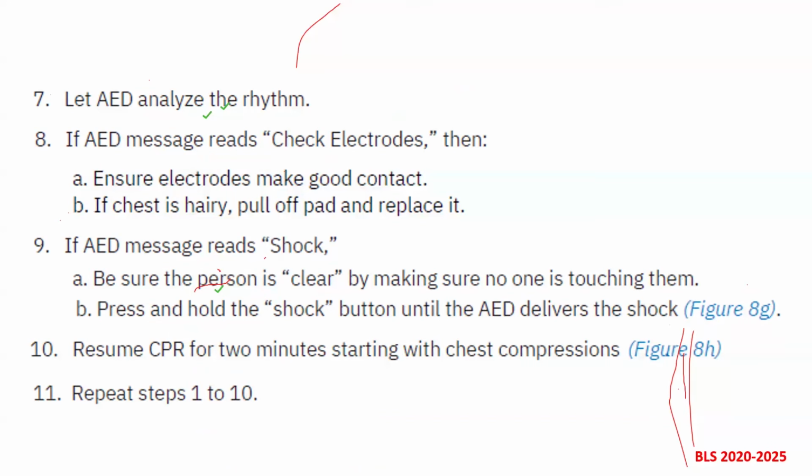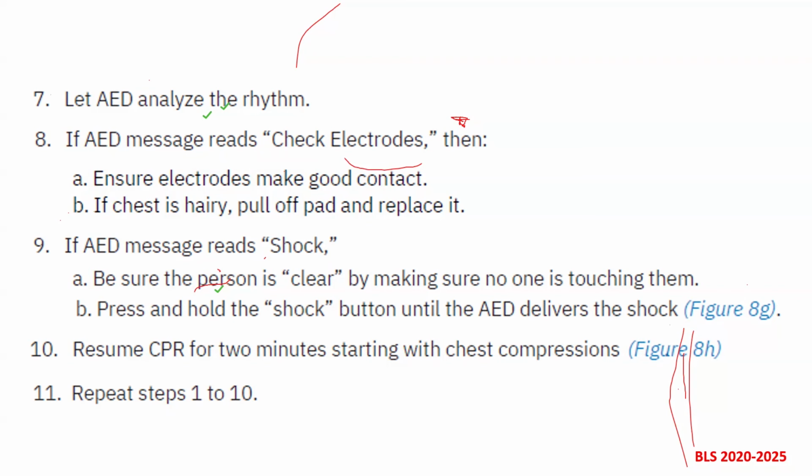If the AED message reads check electrodes, then ensure electrodes make good contact. If the chest is hairy, pull off the pad and replace it. If the AED message reads shock, be sure the person is clear by making sure no one is touching them. Press and hold the shock button until the AED delivers a shock.